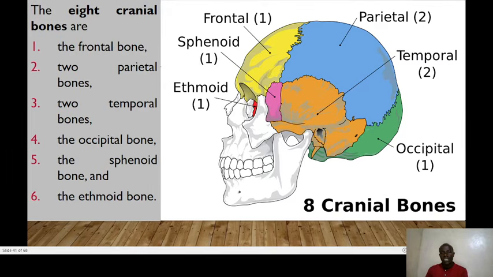As you can see, the parietal bones are a pair, the temporal bones are a pair also. You have 1 occipital bone, 1 ethmoid bone, 1 sphenoid bone, and 1 frontal bone, a total of 8 cranial bones.